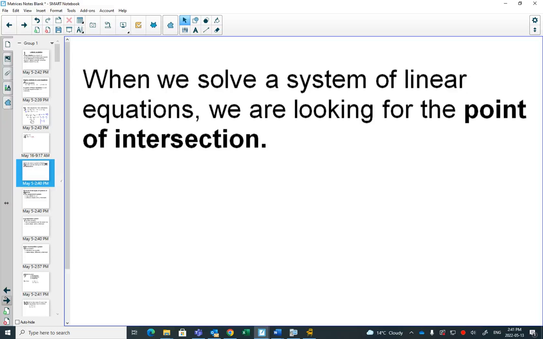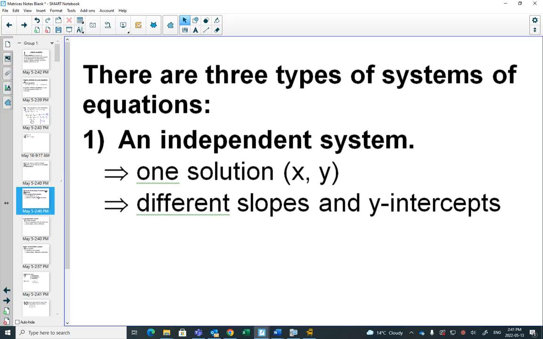So what we're doing when we're solving a system of linear equations, we're trying to find out where those 2 lines intersect. And with lines in 2 dimensions on a regular Cartesian plane, there are 3 possibilities. You could have what's called an independent system, that the one line crosses with the other line, and there is only one intersection point.